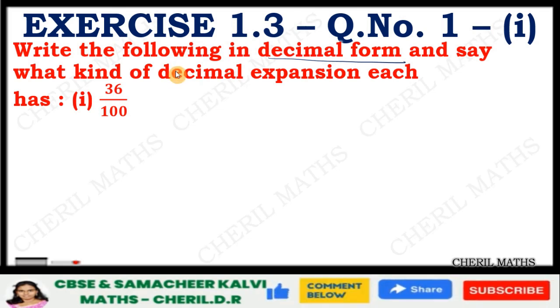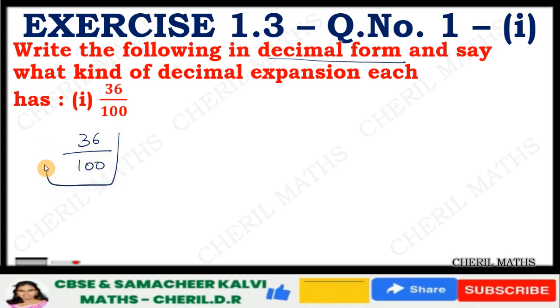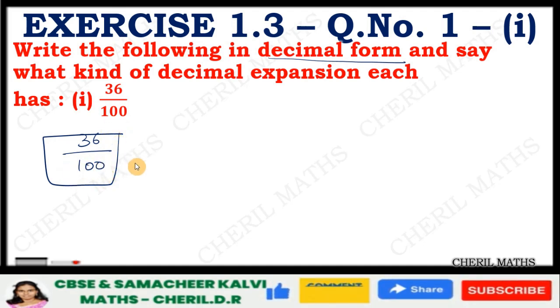The first question is 36 divided by 100. Something like this is going to be very easy. Whenever you have two decimal places, you can just put a decimal point before the last two digits of the numerator.